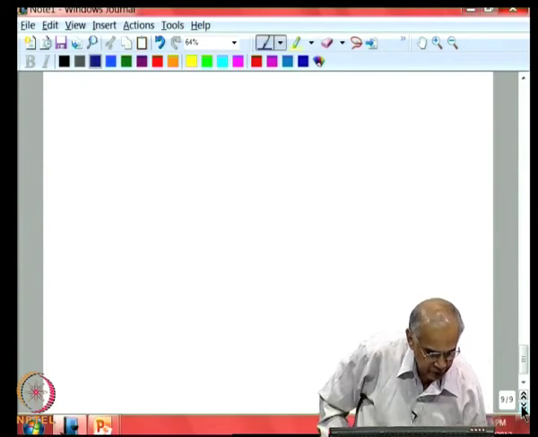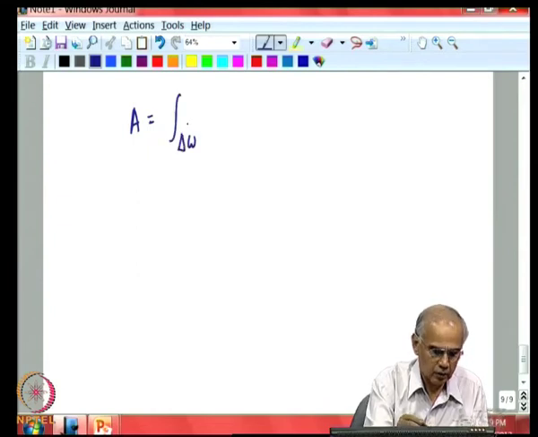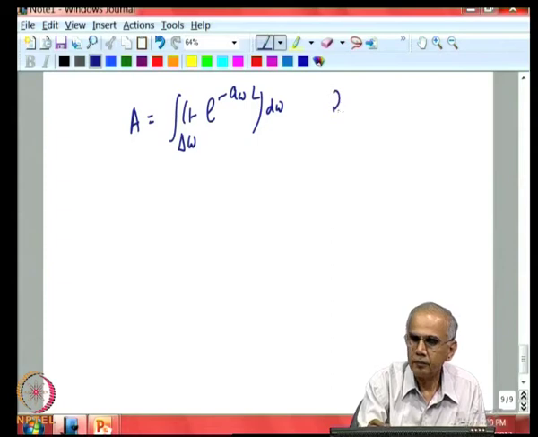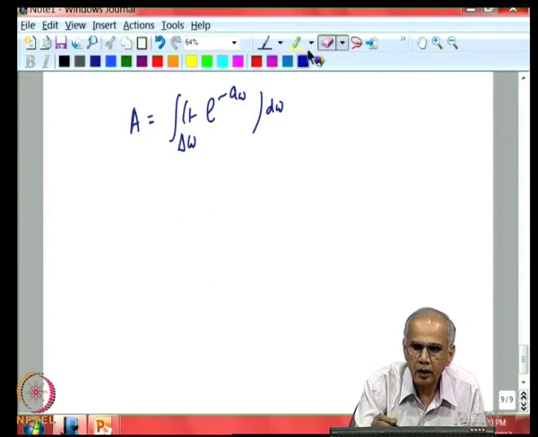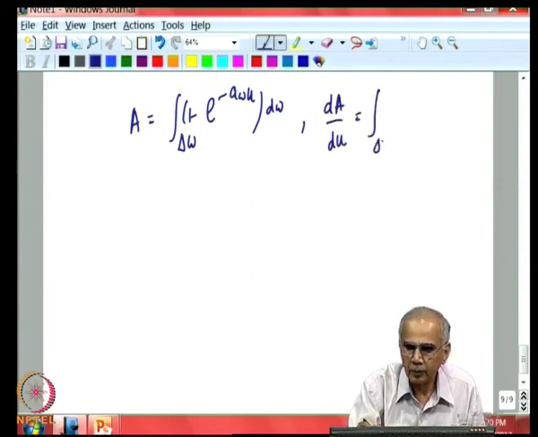The basic philosophy of this model is that if A is delta integral over omega of (1 minus e to the power of minus A omega L) d omega, then for dA, I will write a u here, this is convenient. So, you can see that dA/du is nothing but delta integral of A omega e to the minus A omega u d omega.